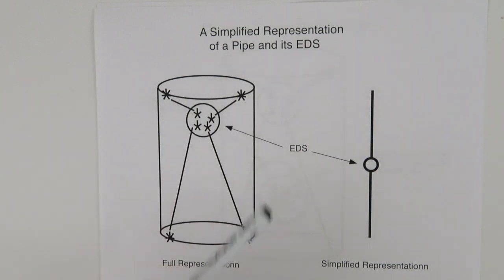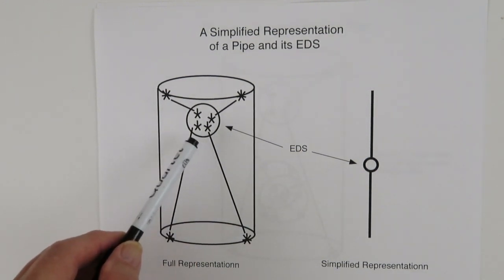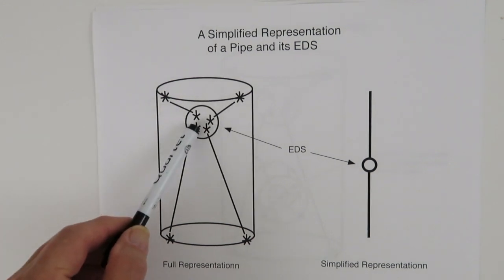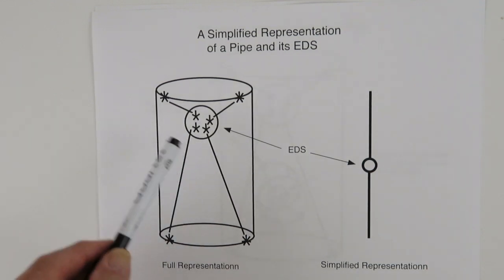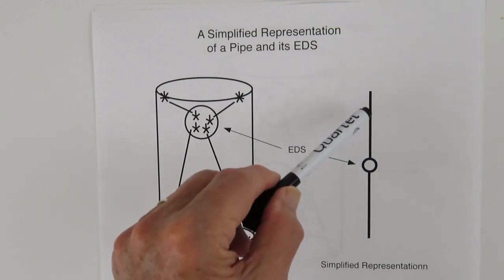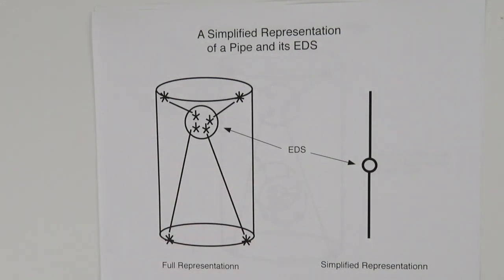If this is a pipe, and this is its EDS structure, where the curvature nodes of the pipe are interfaced to the EDS structure by an EDS edge, we can represent this whole structure by a simplified thing where this represents the pipe and this represents its EDS structure, and then we can go on to deal with the problem of edge rotation.